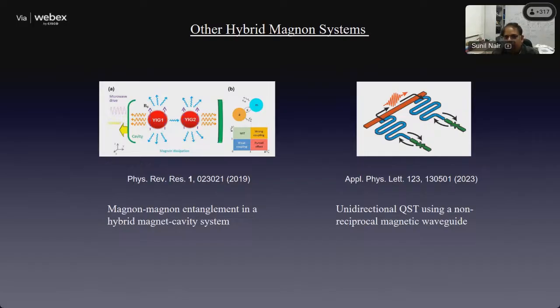This is a very key quantum mechanical attribute. More recently, they used a non-reciprocal magnetic waveguide to look at unidirectional spin readout from a fluxonic superconducting qubit system. So here again, what you have is a magnon coupling to a superconducting qubit.